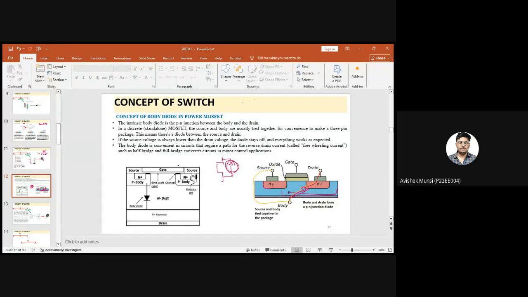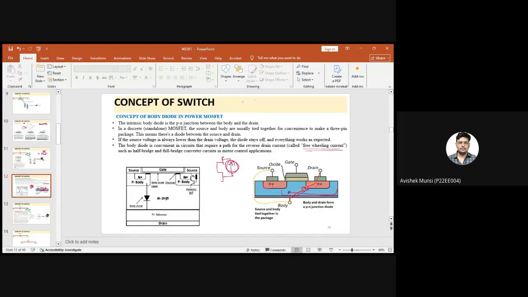So that is an intrinsic property of the power MOSFET. It acts as a bypass path where current can flow back, that is a freewheeling diode, from where the freewheeling current can move out.